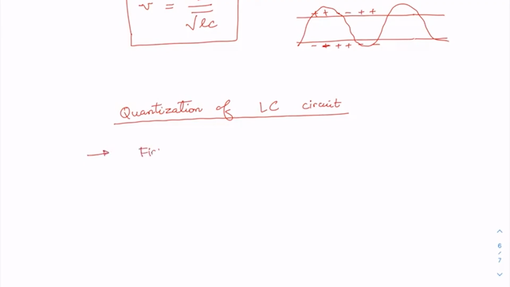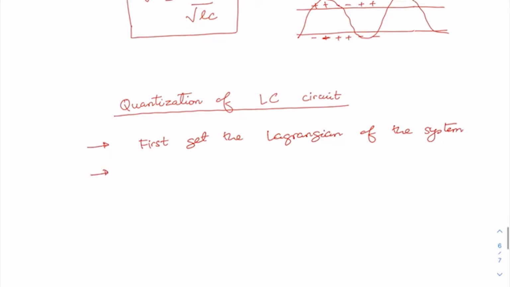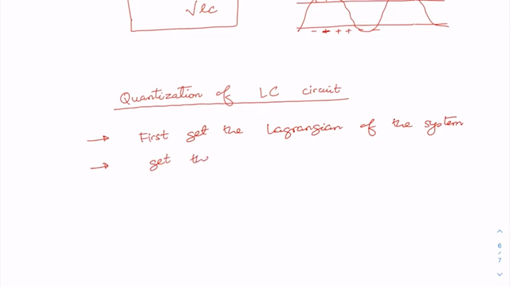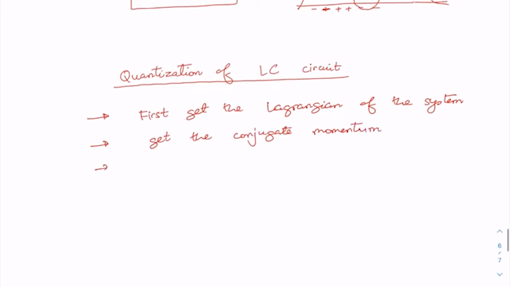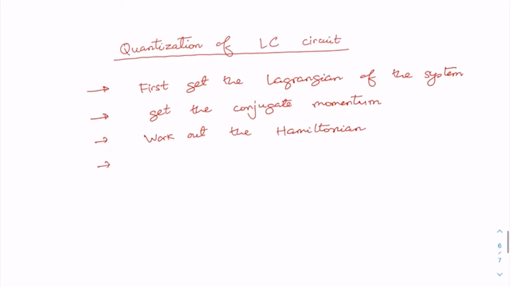First get the Lagrangian of the classical system, then get the canonical conjugate momentum, and once you get the conjugate momentum, then work out the Hamiltonian of the classical system, and then look for the canonically conjugate variables.